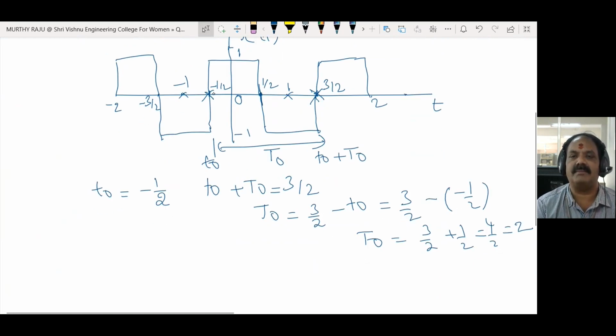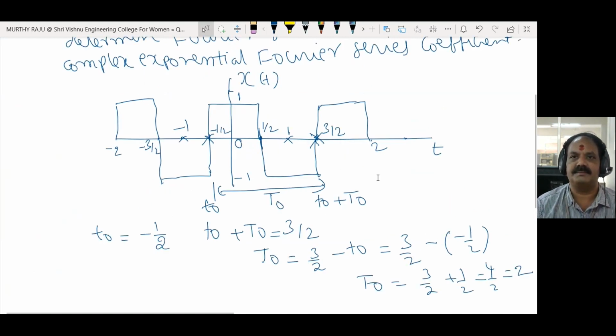Here from -1/2 to 1/2, the value is 1. From 1/2 to 3/2, the value is -1. This is the time period. After that time period, the waveform is repeated.